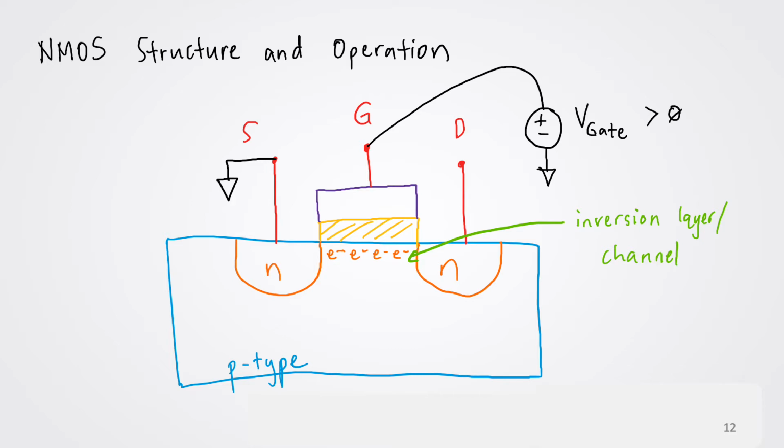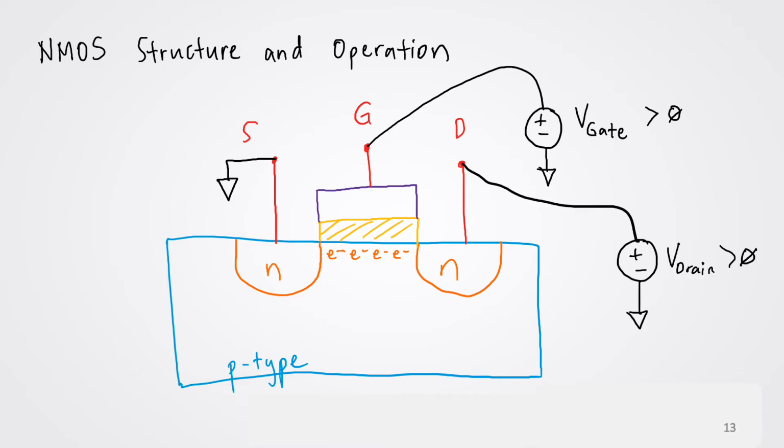At this point, there's still no conduction going on, because what you ultimately need for current to flow is a lateral or horizontal field in the form of a positive voltage at the drain. Now you have an N-type drain, an N-type channel because of the electrons at the surface, and an N-type source.